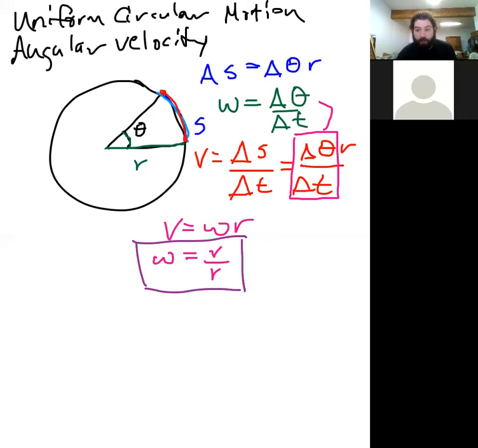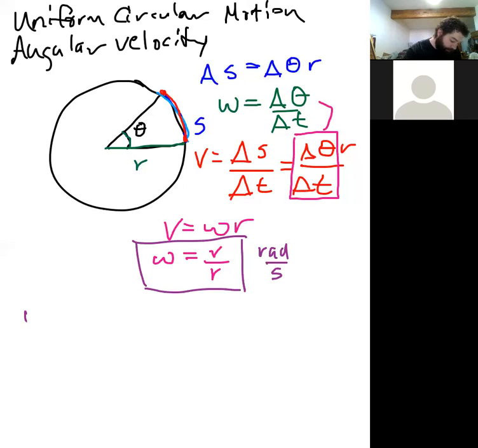One thing you'll want to do is convert from radians per second, which is what omega will usually be in, to revolutions per minute. The way you do that is, we know that 2 pi radians equals 1 revolution.